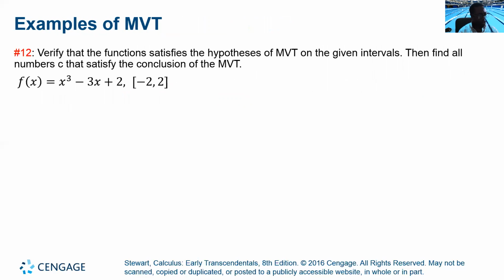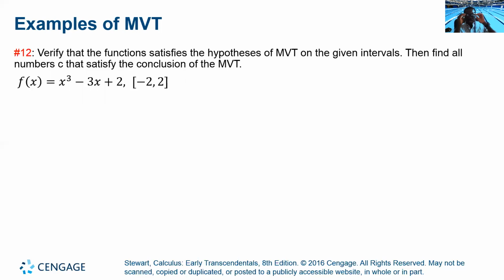Now let us apply it to real life situations here. So again, we want to verify the hypothesis of the theorem, and then find C that satisfies the conclusion. So let us look at it.